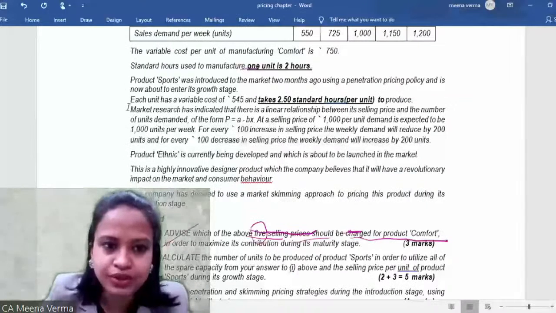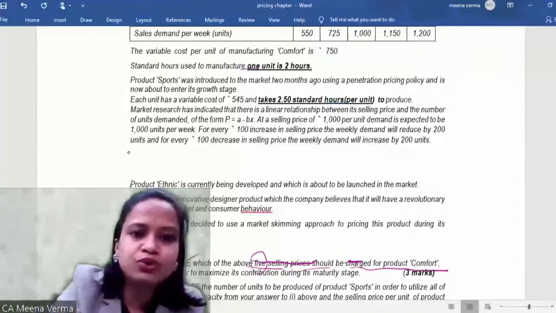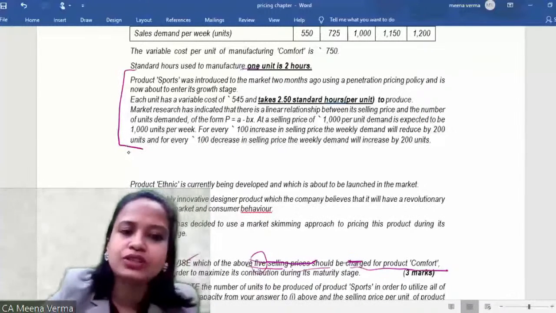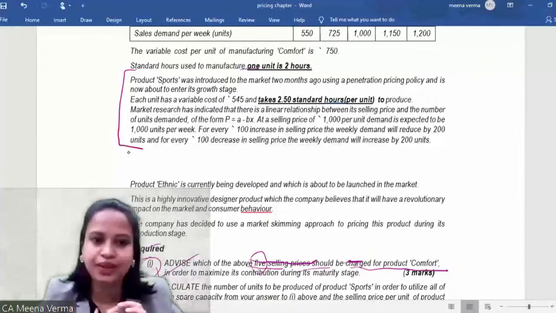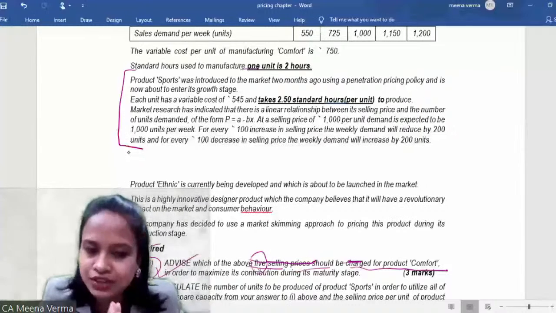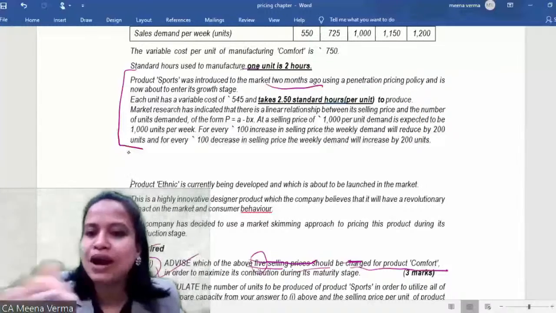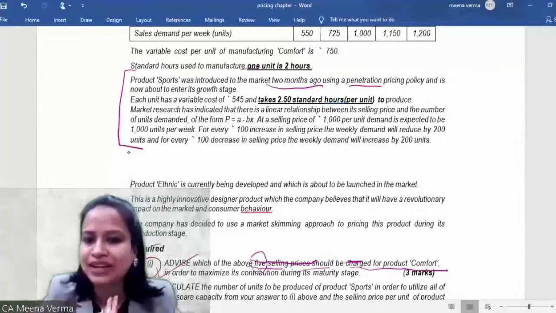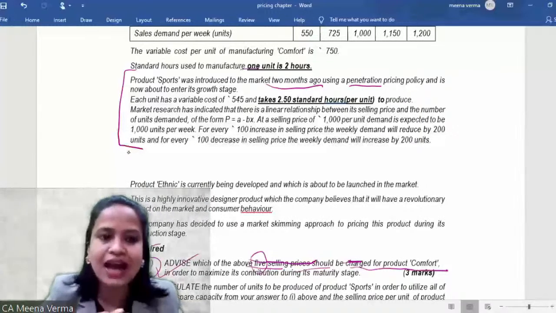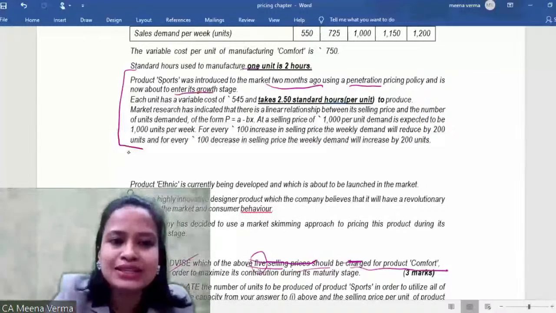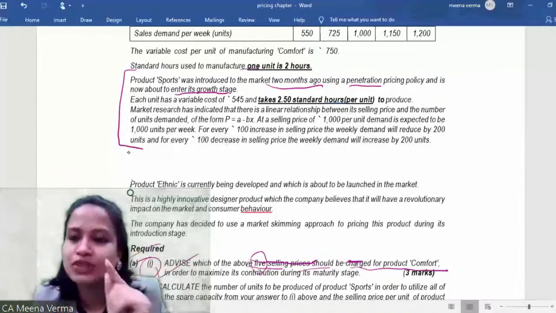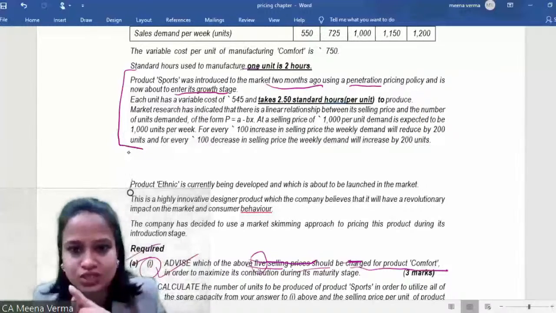They're talking about another product, sport. Sport was introduced to the market just 2 months ago using the market penetration technique, penetration pricing policy, and is now about to enter its growth stage. So now this product has entered the growth stage.